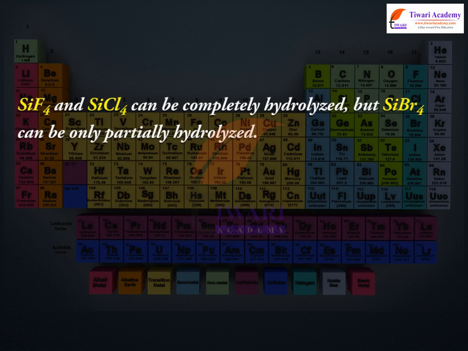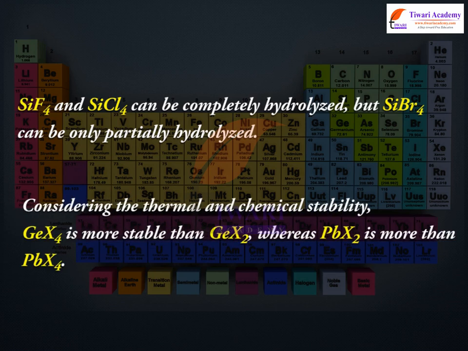SiF4 and SiCl4 can be completely hydrolyzed, but SiBr4 can be only partially hydrolyzed. Considering the thermal and chemical stability, GeX4 is more stable than GeX2, whereas PbX2 is more stable than PbX4.